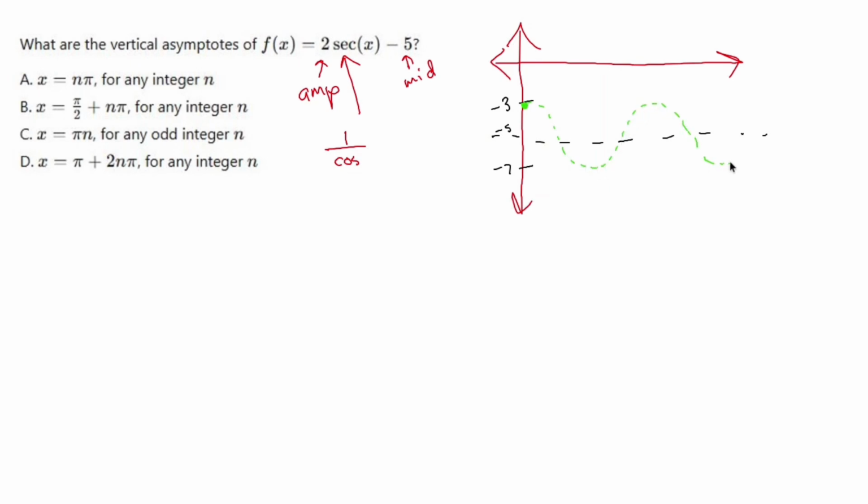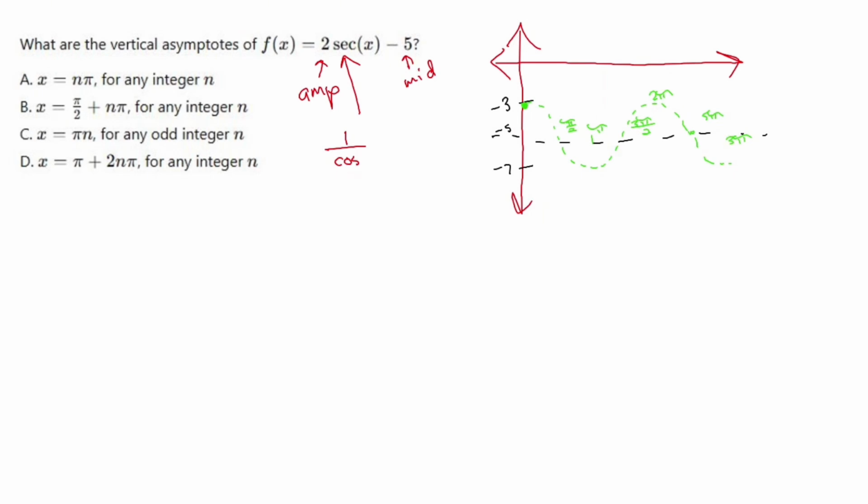It starts at 0, goes through the midline at pi over 2, bottoms out at pi, goes through the midline at 3 pi over 2, peaks out at 2 pi, hits the midline at 5 pi over 2, bottoms out at 3 pi, and so on.